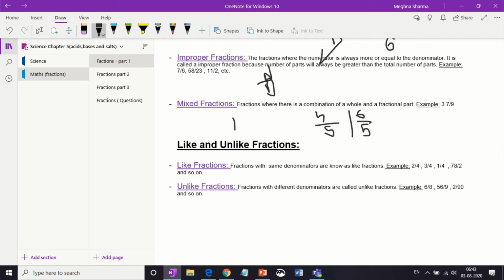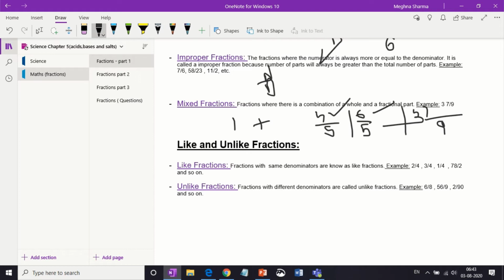Now what is a mixed fraction? This is the combination of a whole number plus a proper fraction or an improper fraction. For example, 3, 7 by 9. This becomes your mixed fraction.